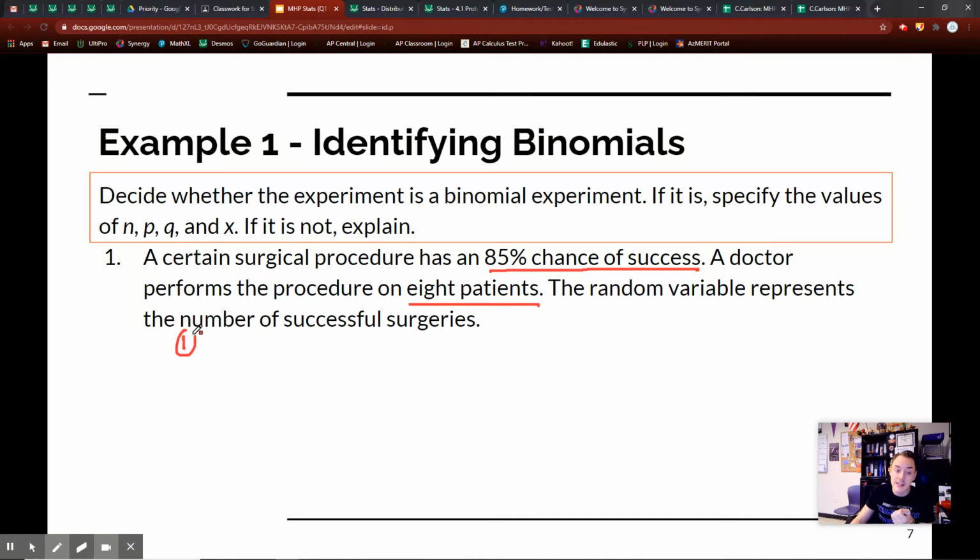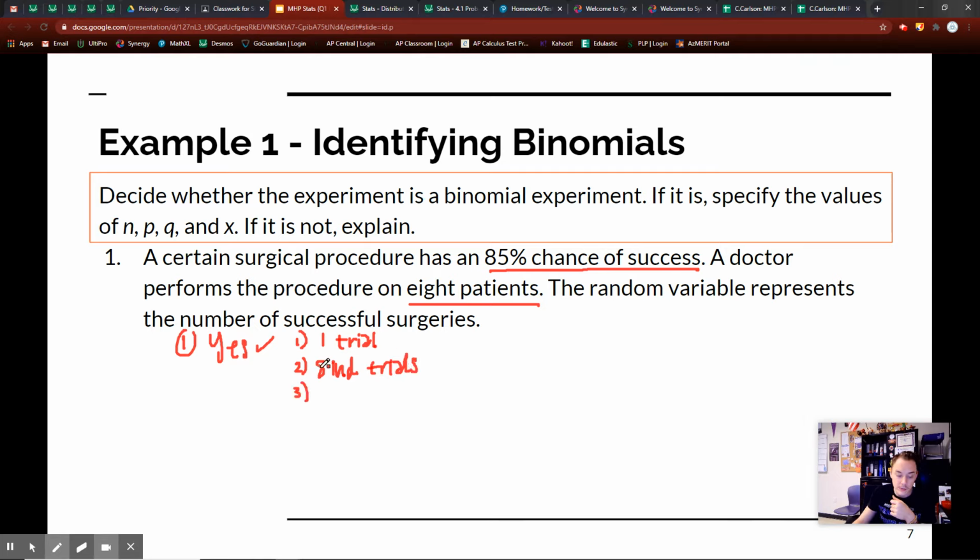So I'm going to say that this is, yes, a binomial experiment because, number one, it has one trial. One procedure, as it were. Two, it has 8 independent trials with patients.